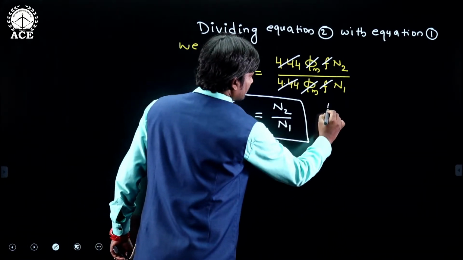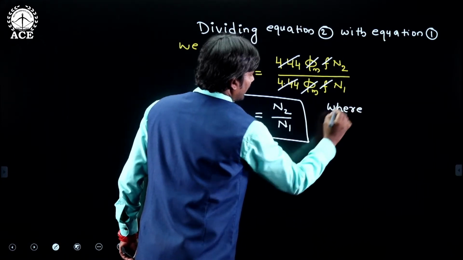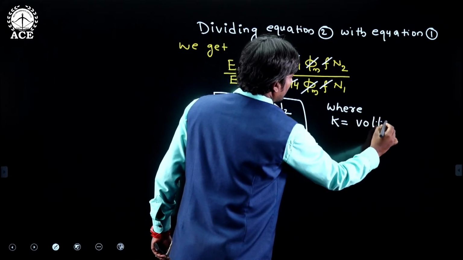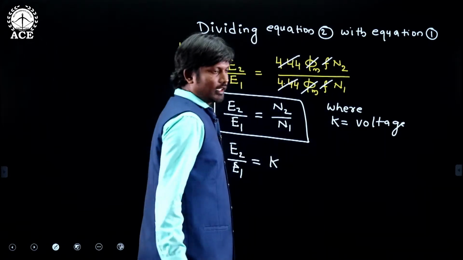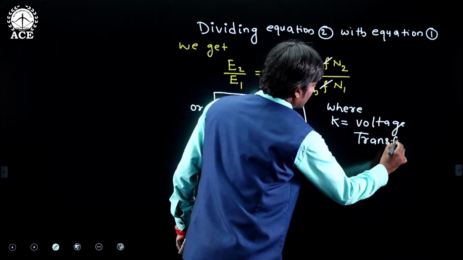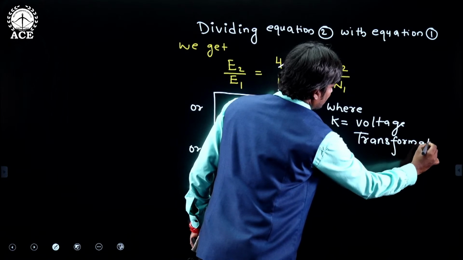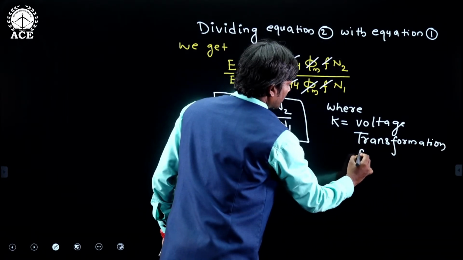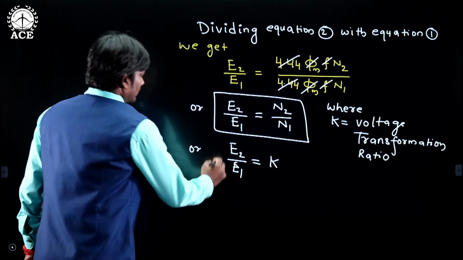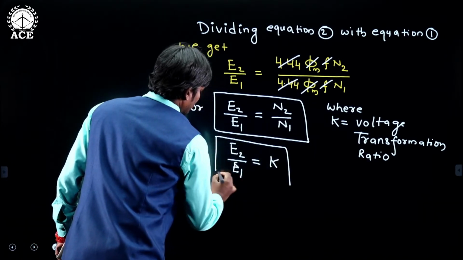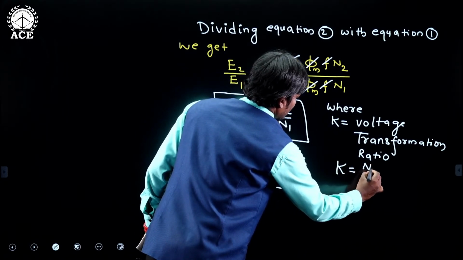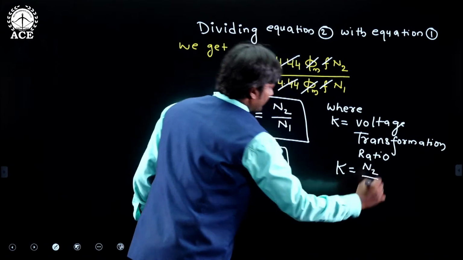where K is equal to voltage transformation ratio. K is equal to N2 by N1.